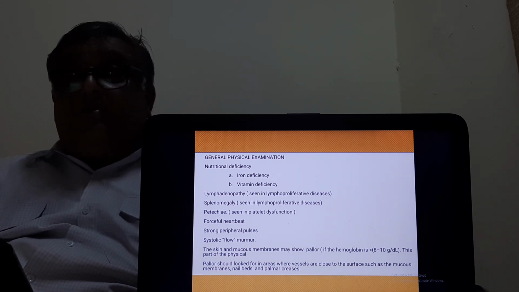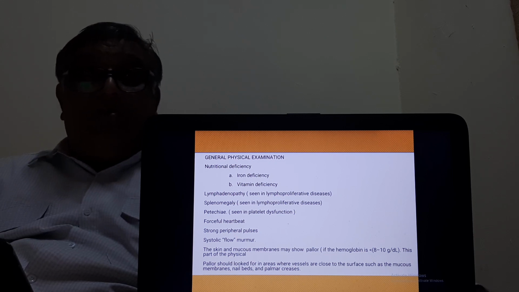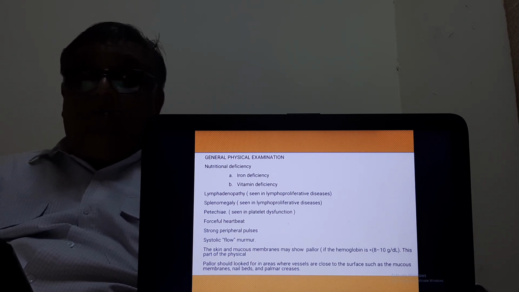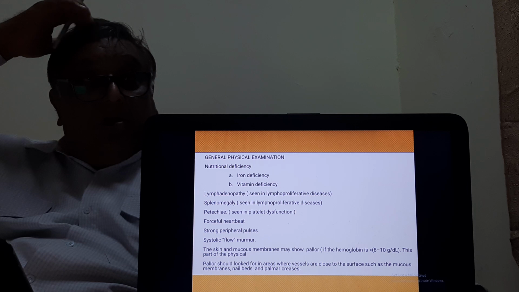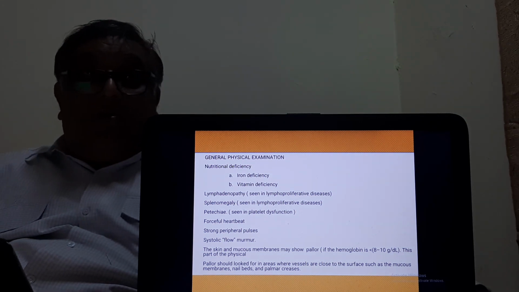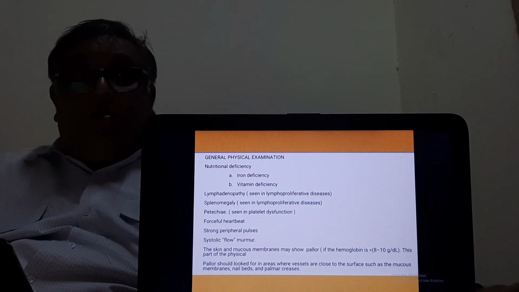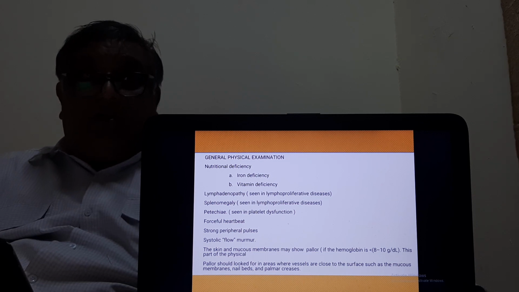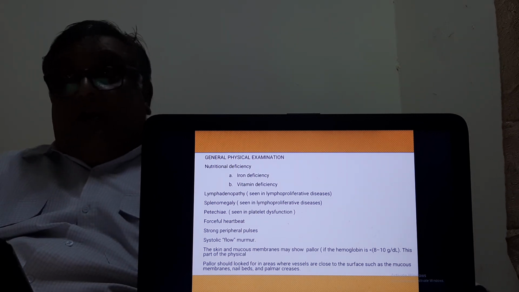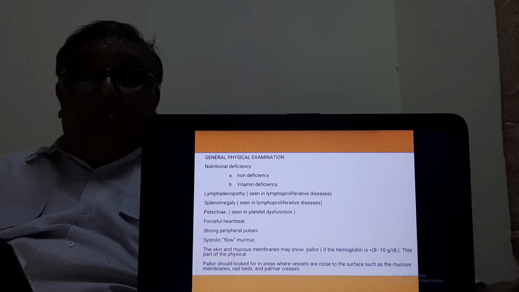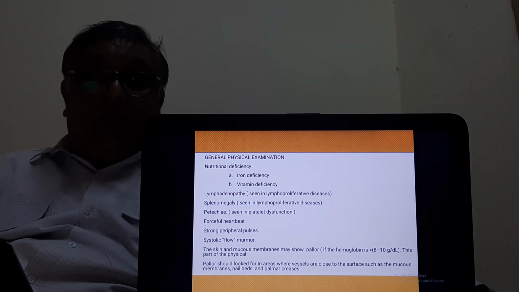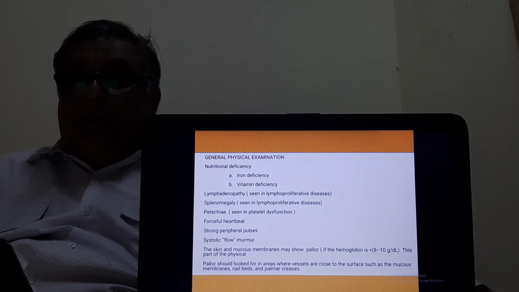There may be lassitude, dementia, neuropathy, and spinal cord signs, especially of the posterior columns and the upper motor neurons. All those things can be there in advanced cases. In addition, B12 deficiency may show a beefy tongue, cheilosis, etc.